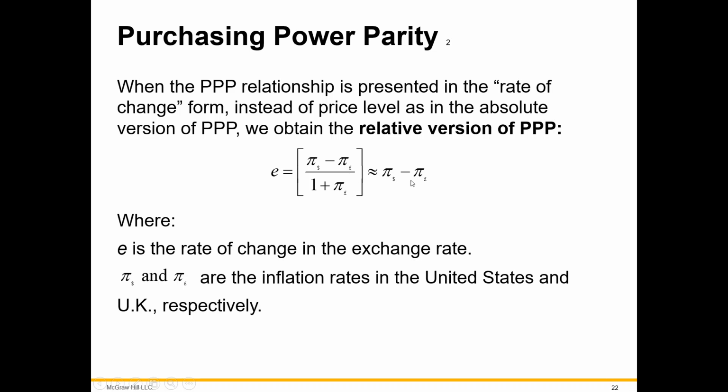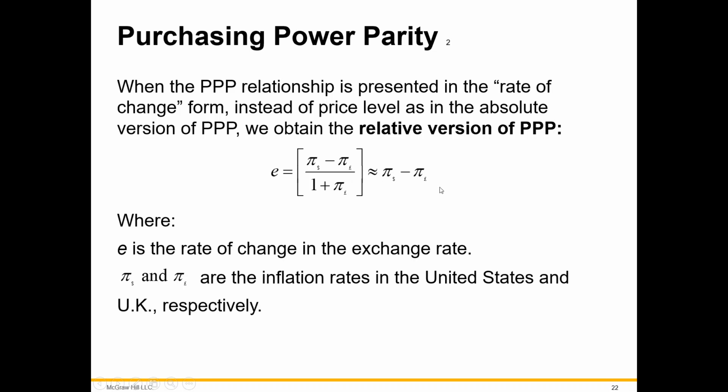And so that's approximately equal to inflation in dollars minus inflation in pounds, because inflation in the pound should be pretty small, maybe 1%. So this is very, very close, right? So if U.S. inflation is 4% and British inflation is 1%, this numerator is going to be 3%, and then we're going to divide by 1.01. Well, that's approximately 3%. So again, this is approximate.